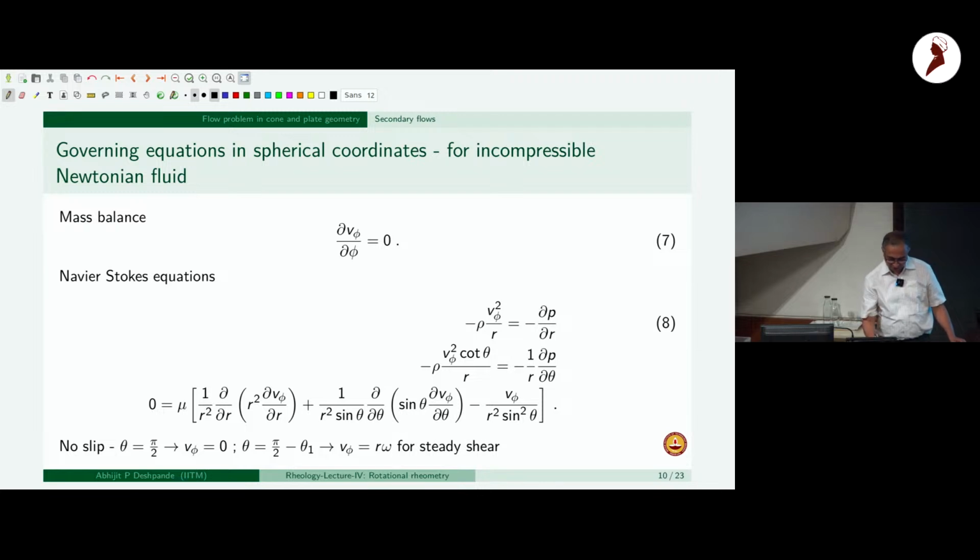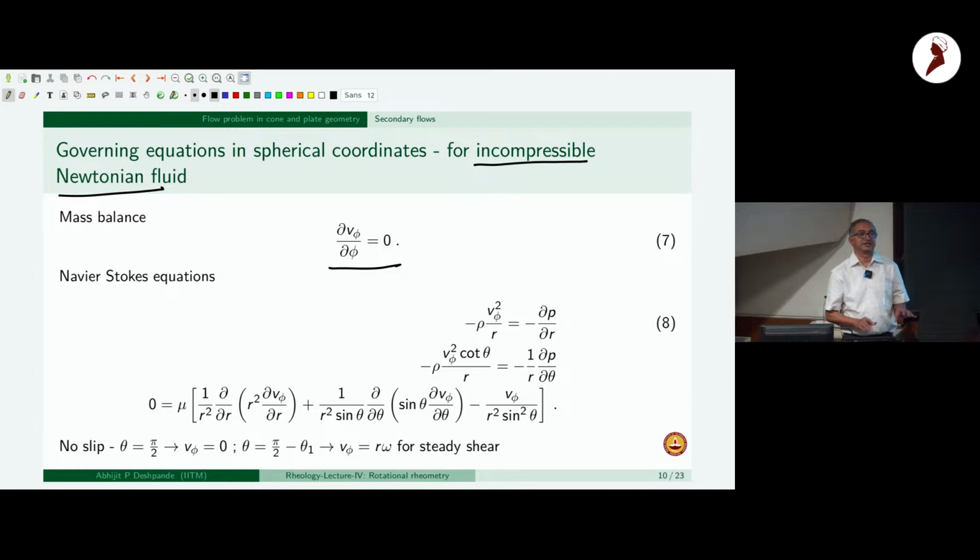And for a Newtonian fluid, I have written those terms now. Mass balance again is trivial. What you can see is this is now all written in terms of velocities, because for Newtonian fluids the stress tensor is related proportionally to the strain rate tensor.